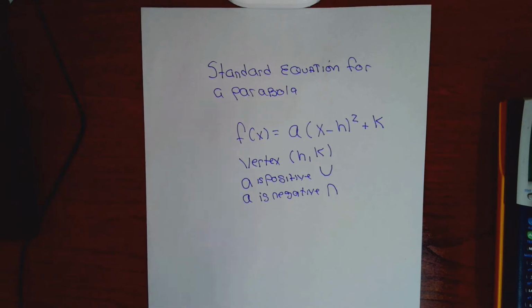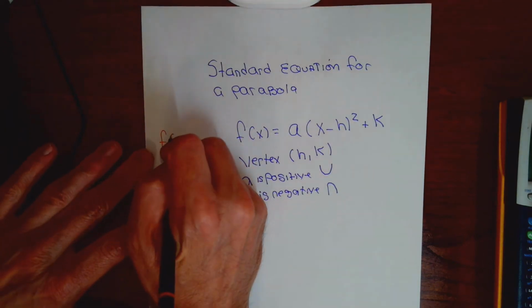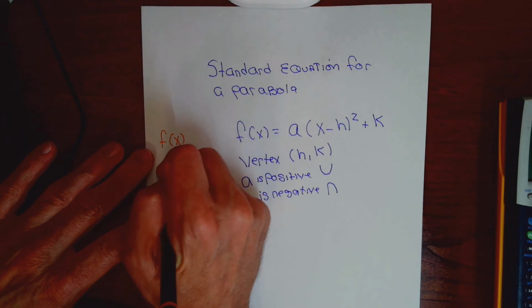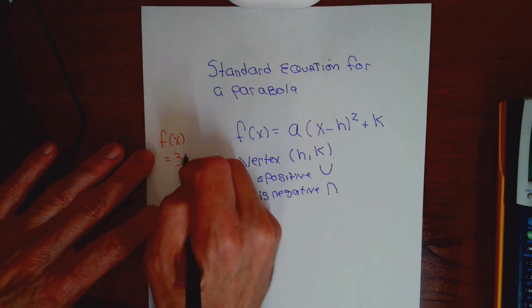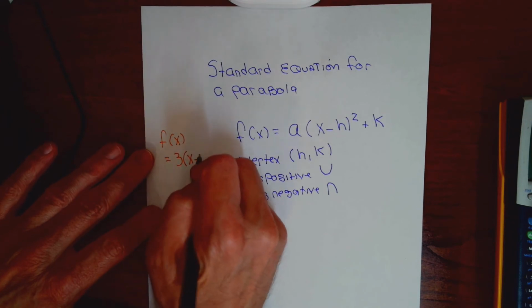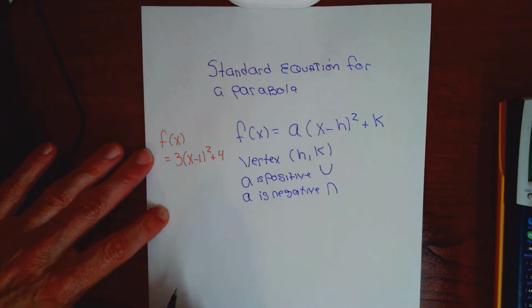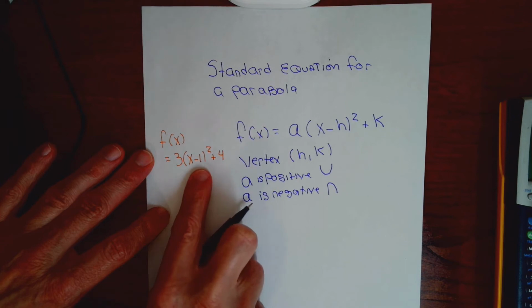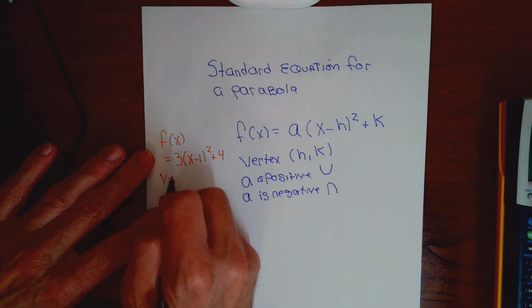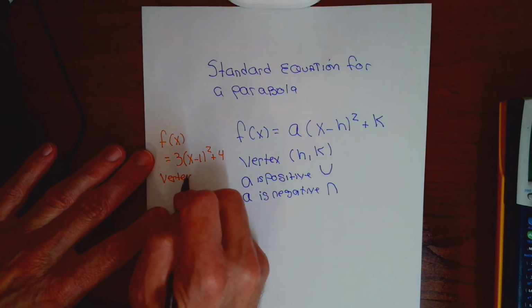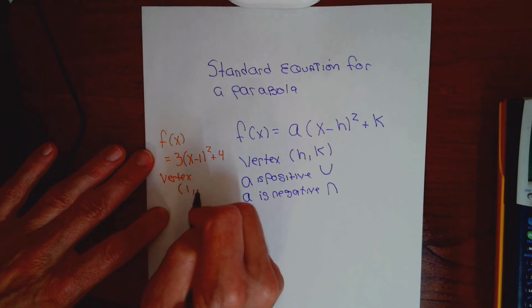Let me just show you really quickly on my calculator. If I do f of x equals 3 times x minus 1 squared plus 4, my vertex of this parabola is going to be the point 1, 4.